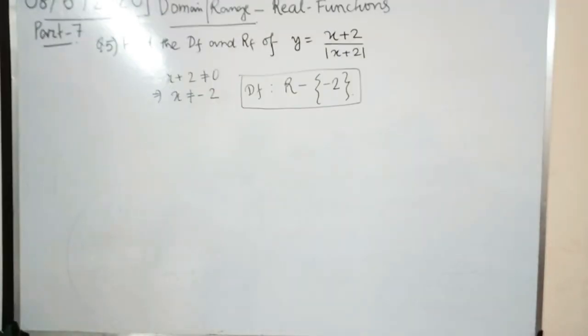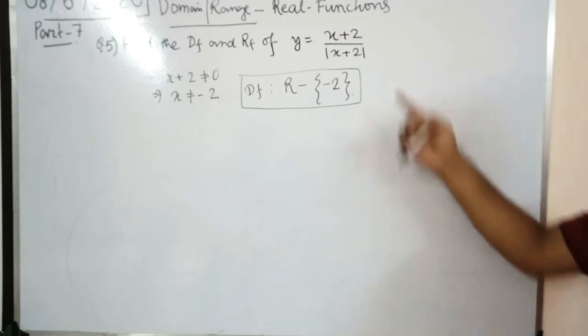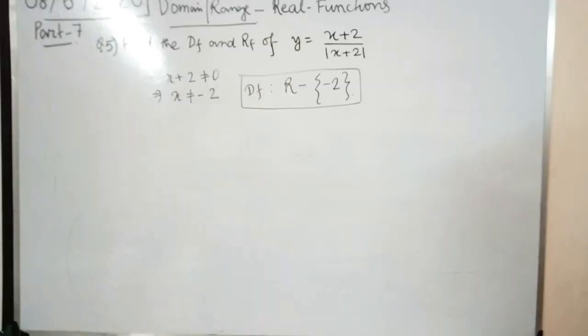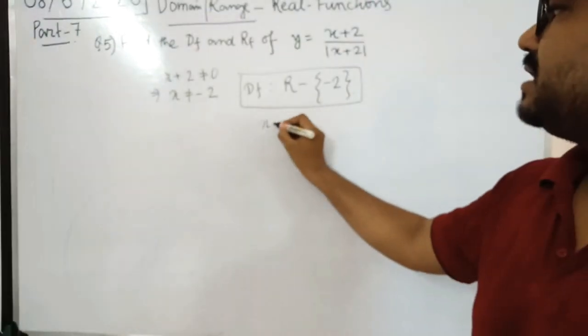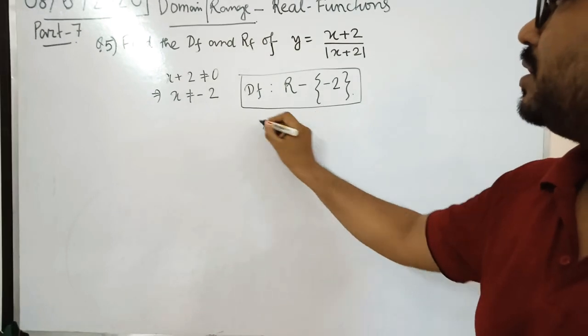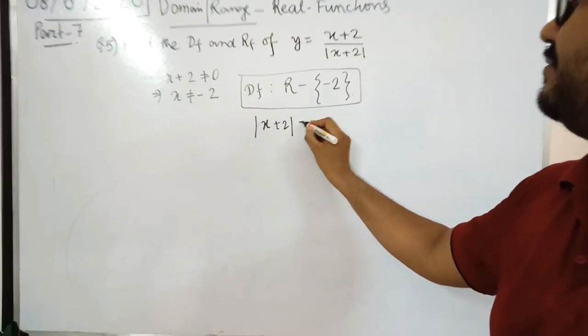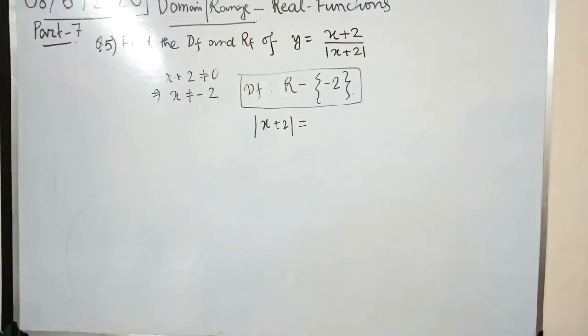Now for the range part, a very interesting thing is going to happen. Look at this, mod of x plus 2 will have two values only.